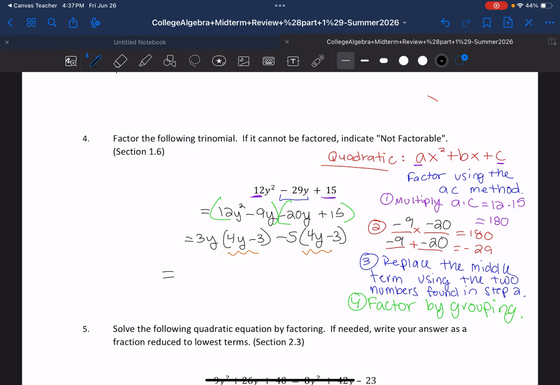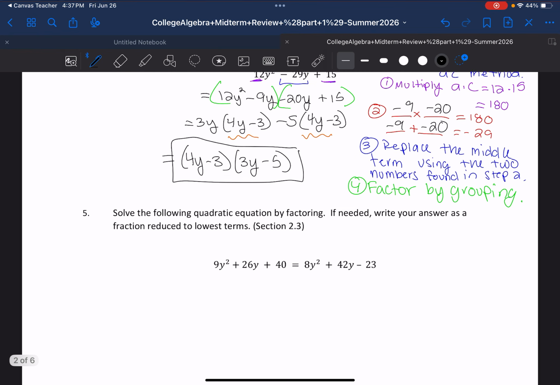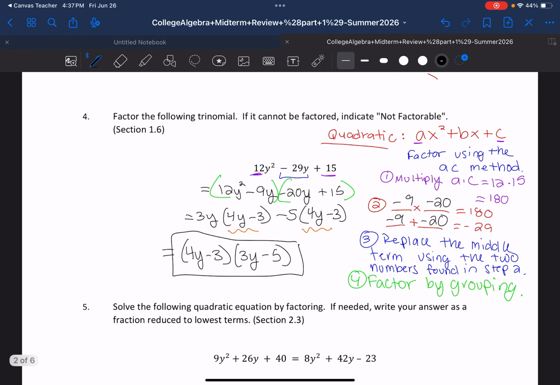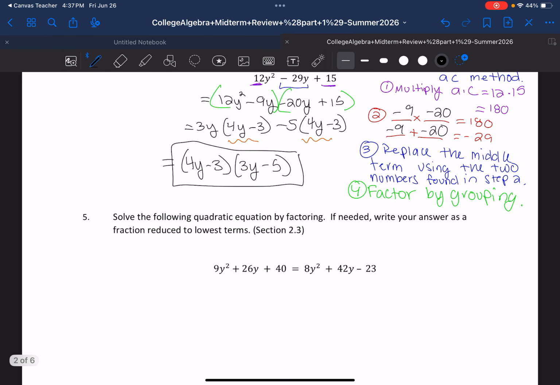So the final answer is 4y minus 3 times 3y minus 5, what's left on the outside. So that is the final answer. And again, they just wanted us to factor it, not solve an equation. So I would just leave it like that.